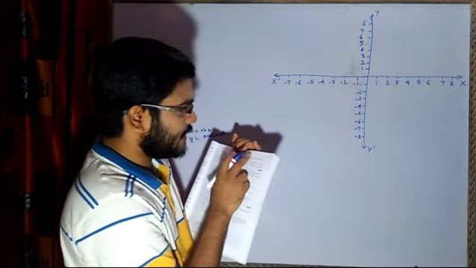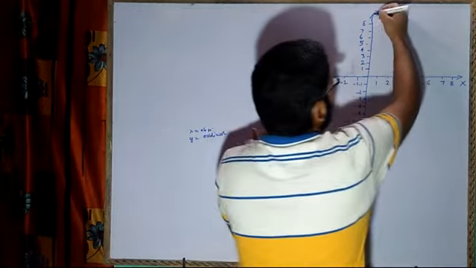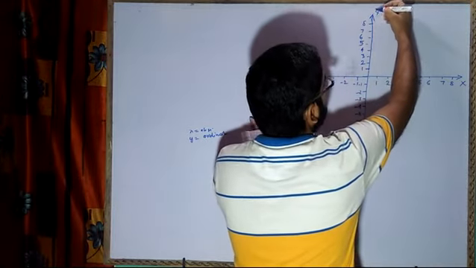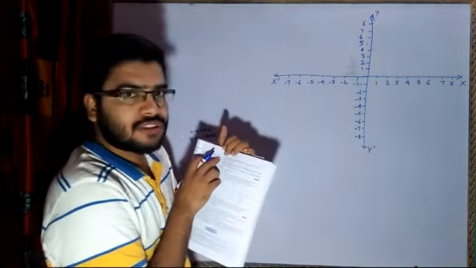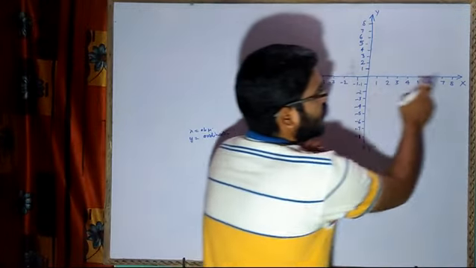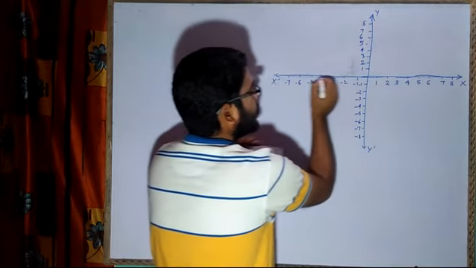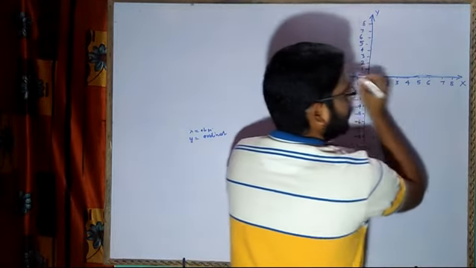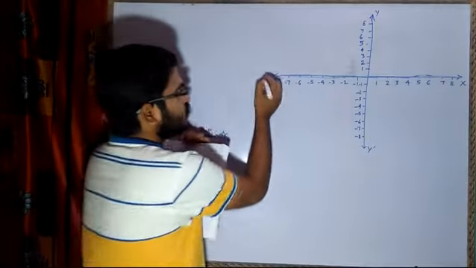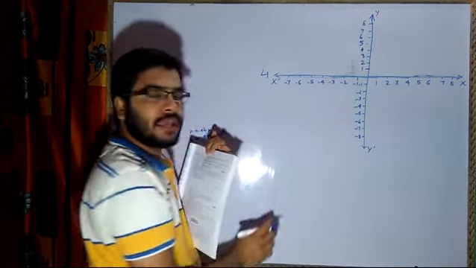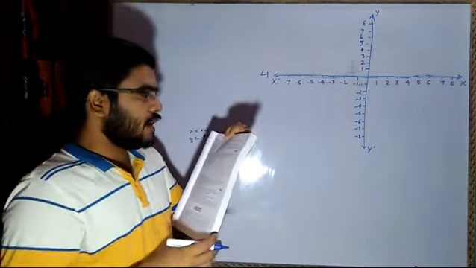That means the line L1 is what? It is your x-axis. If y is 0, on which line is the y value 0? On the x-axis only, the y value is 0. So this is your line L1. Actually, the x-axis is your line L1.